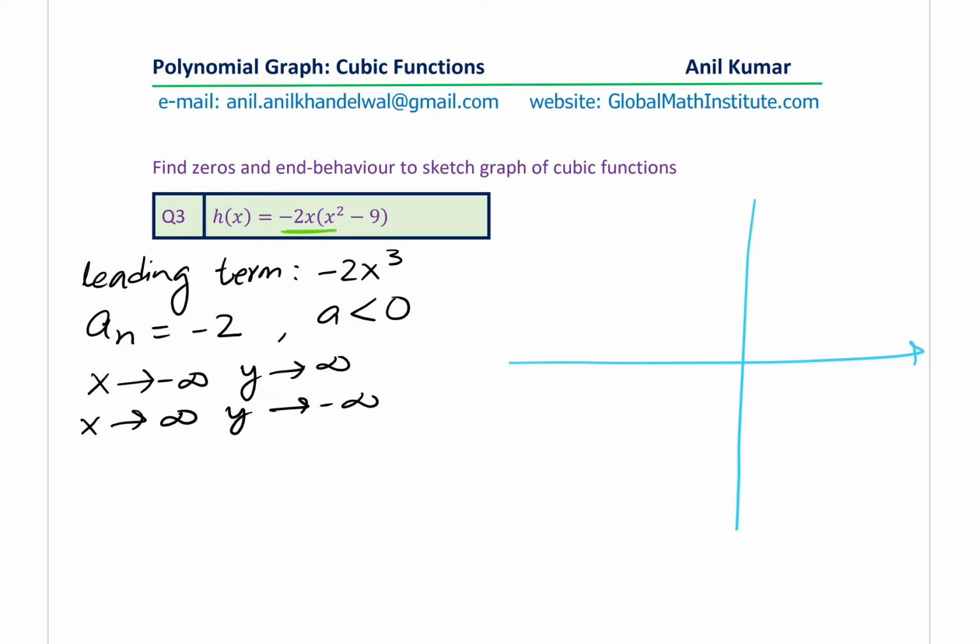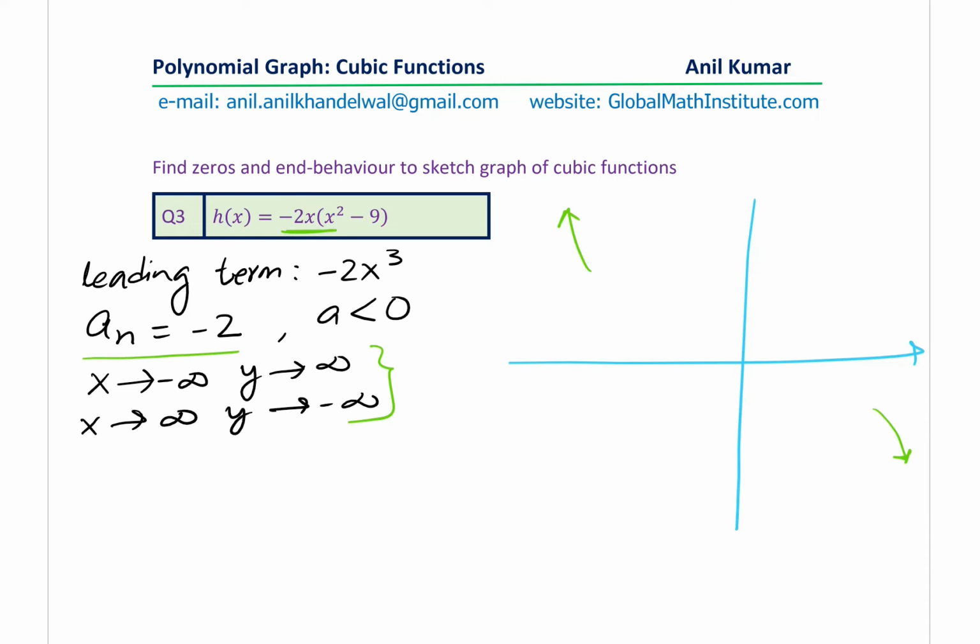So since the leading coefficient is negative, the right side will be down and the left side will be up. That is what we're trying to say in writing x is approaching minus infinity means y is approaching positive infinity. Does it make sense to you? Perfect.